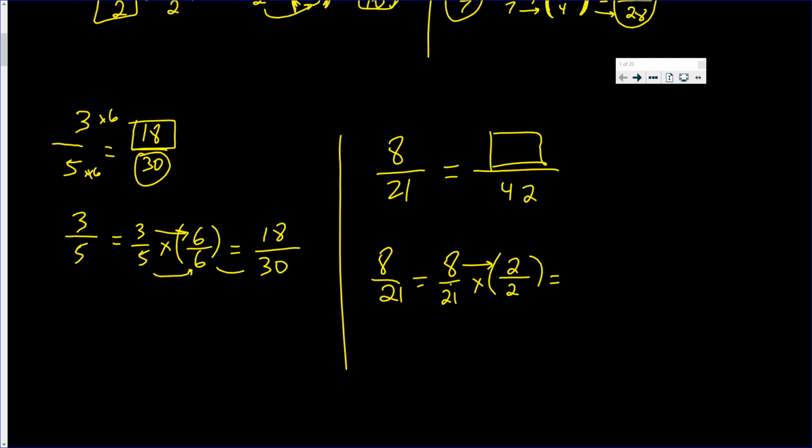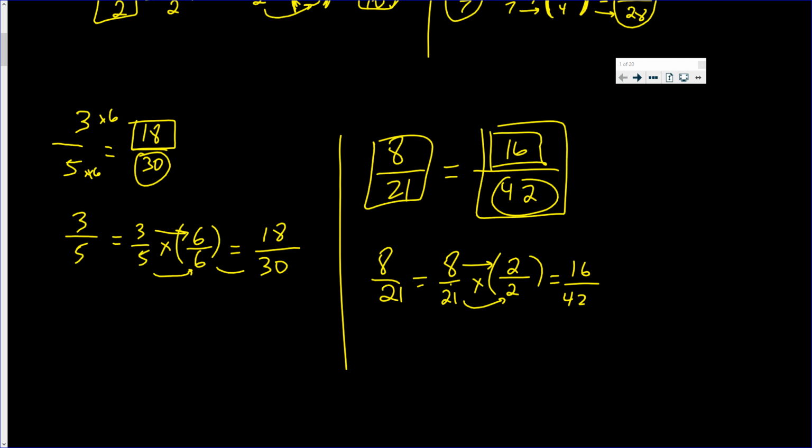Not because 8 times 2 is 16, but because 21 times 2 is 42. And that's what I want. 16 over 42. These two fractions are equivalent. It's just a fancy word for saying equal.